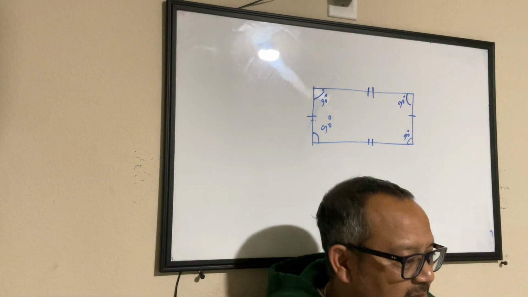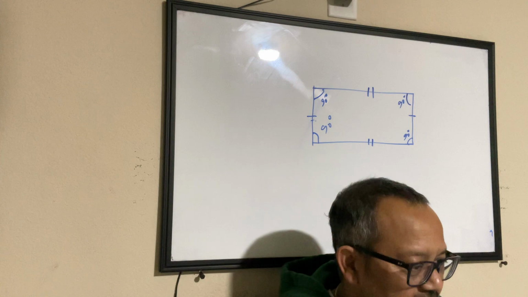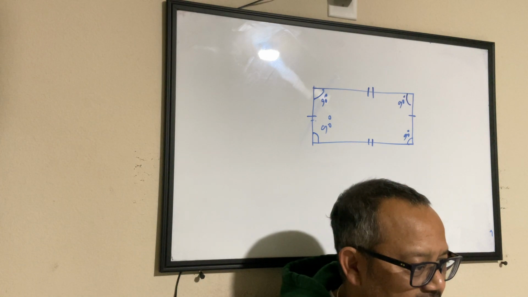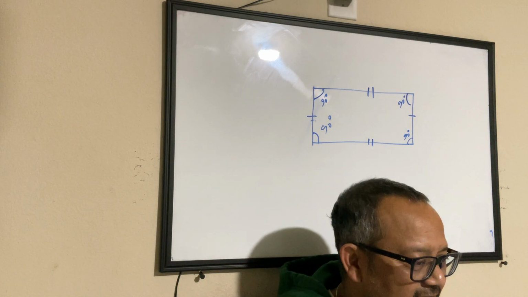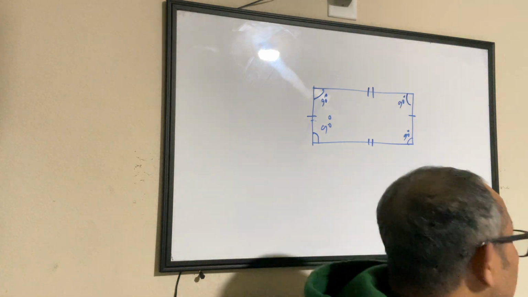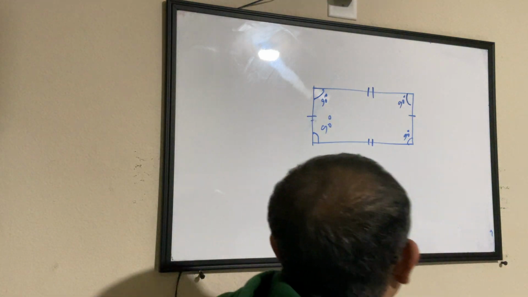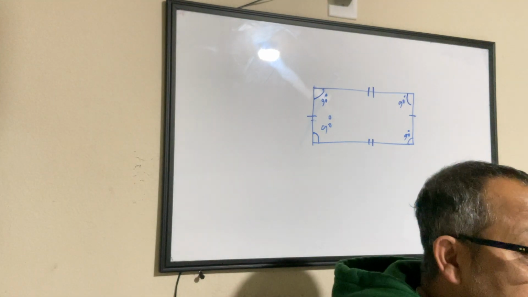Salni, what is the other property that you are aware of for a rectangle? There are two pairs of parallel lines. Okay. The opposite sides are equal and parallel also.